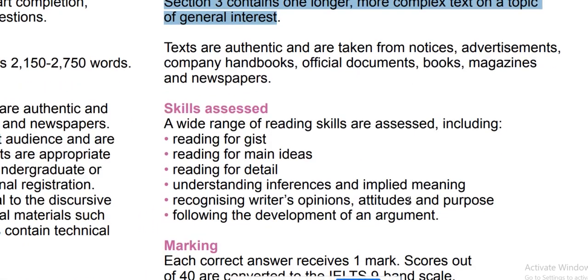And the skills they check in us are reading for gist, reading for main ideas, reading for detail, understanding inferences and implied meaning. That means reading for gist, right? What is our reading speed, whether we can understand main ideas, what details we gain from reading, and inferences and implied meaning, whether we can understand something and tell it to somebody. And then recognizing the writer's opinion, attitudes and purpose, and following the development of an argument.